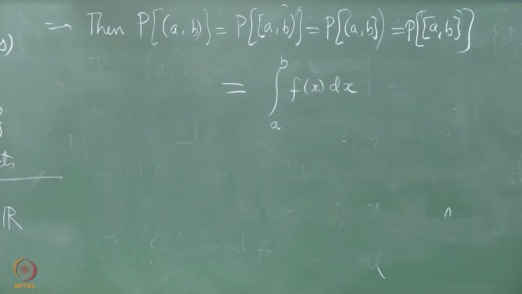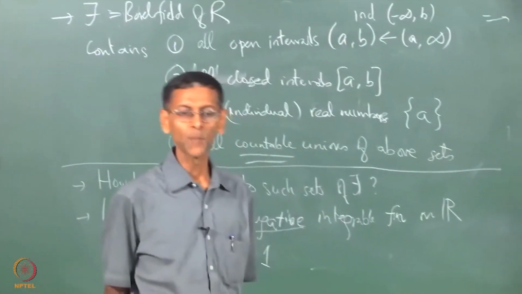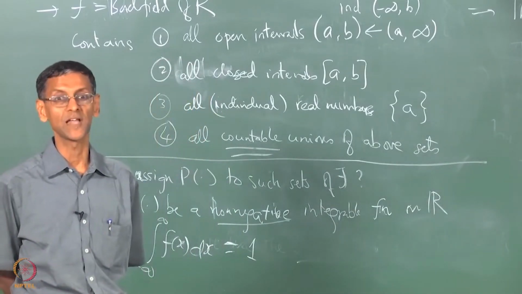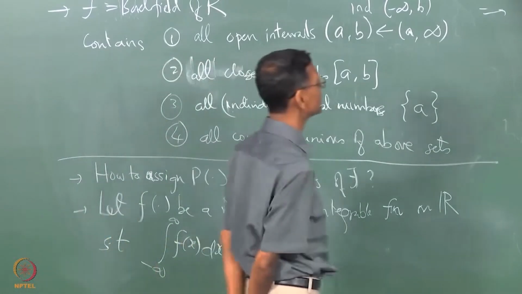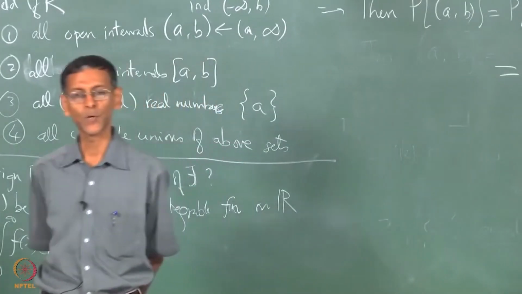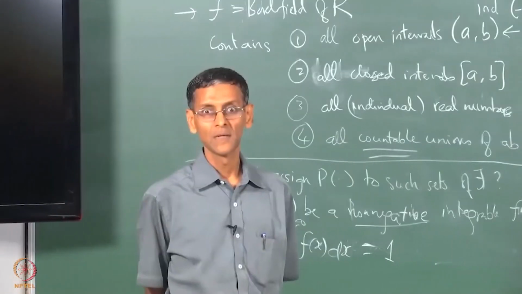So it turns out if you do this, then the resulting probability measure, as they call it, is entirely consistent with the axioms we started out with. Because if you take, for example, disjoint intervals AB and CD, you require that the probability assigned to the union of AB and CD be the sum.